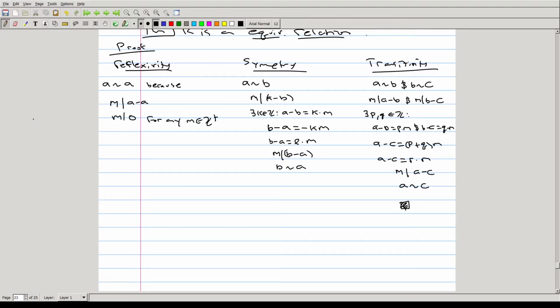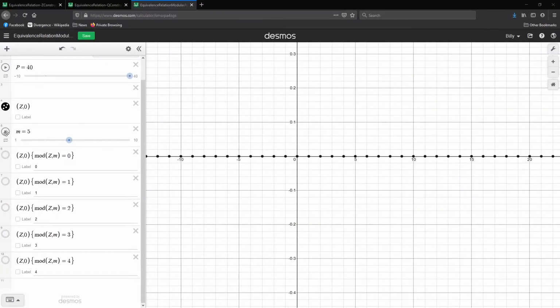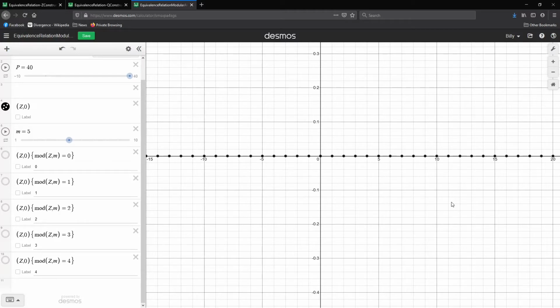And what's important to look at now is a visualization of the equivalence classes of this equivalence relation. So what I've graphed out here is the line of positive and negative integers.